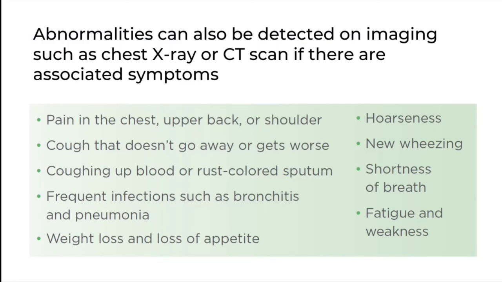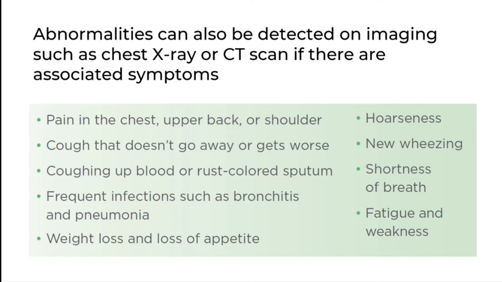Now, abnormalities on CT scans or chest x-rays can also be detected when patients present with symptoms of lung cancer, which include chest pain, upper back pain, shoulder pain, a cough that never goes away or just continues to get worse, sometimes coughing up blood, frequent infections, multiple hospitalizations for pneumonia because of lung cancer that's preventing the secretions from being excreted appropriately, weight loss, loss of appetite, changes in the voice, wheezing that is new or different from the usual, shortness of breath.